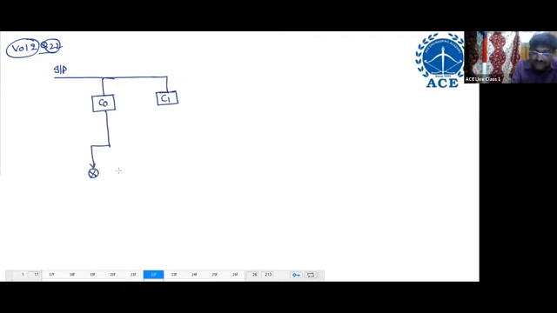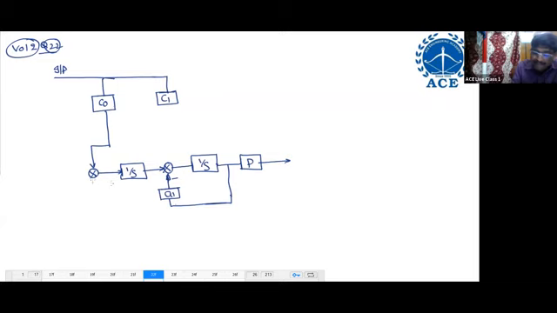Summing point, 1 by S, here summing point, 1 by S, P, minus, A1, A2.